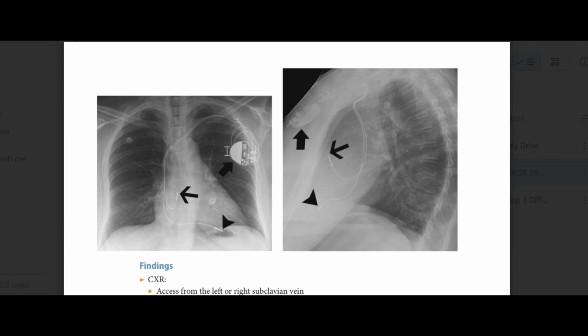This is the pacemaker generator, commonly placed in the infraclavicular region. It's below the clavicle here.